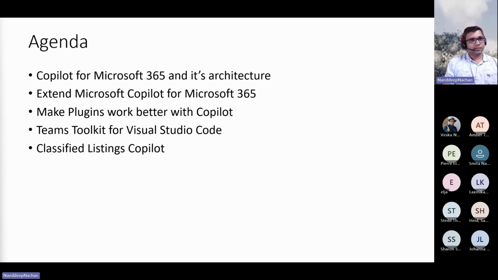And lastly, the Copilot that we have created can help you find relevant information about the products that users within your organization try to sell, rent, or buy, so that you can find them efficiently and interact with them. All right, firstly, let's start with the basics of Microsoft 365 Copilot.